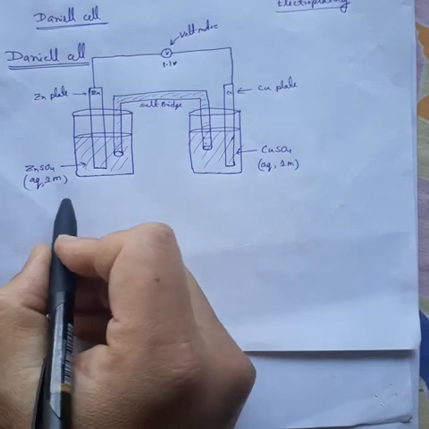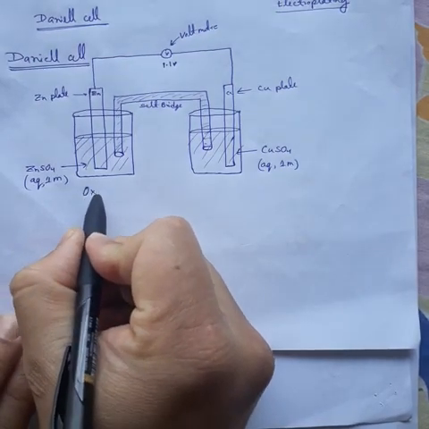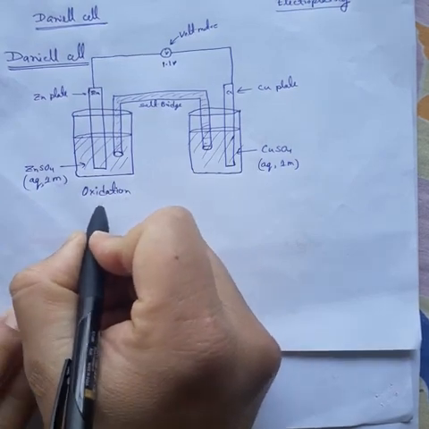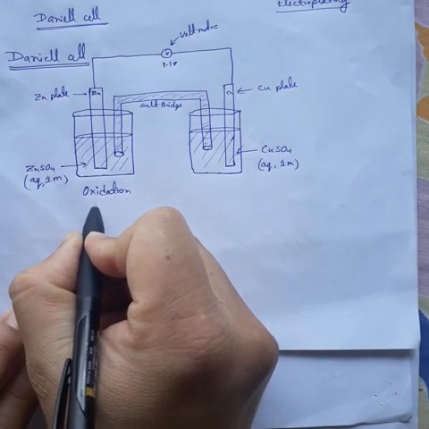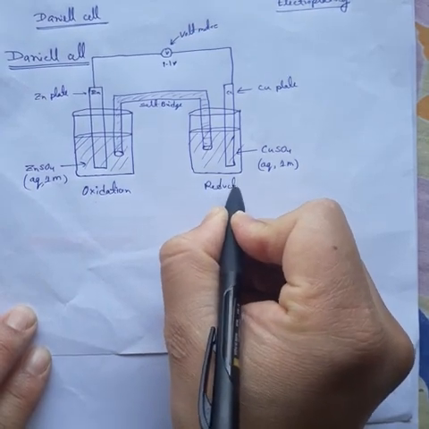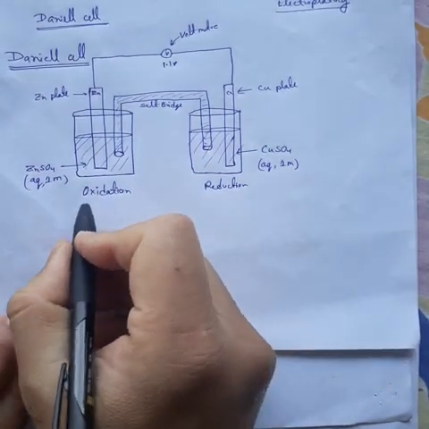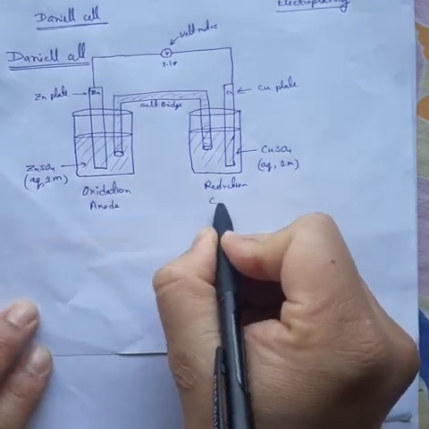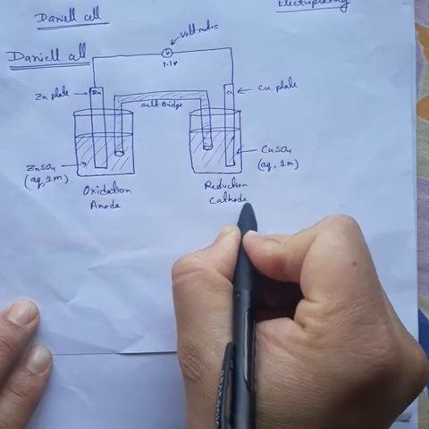This is basically the oxidation part, and here is reduction. This is called the anode, and this is called the cathode.